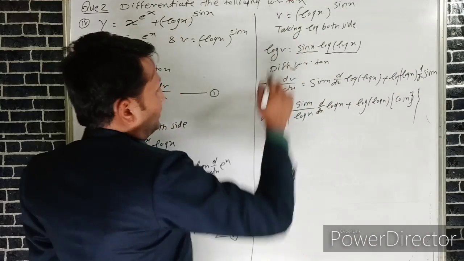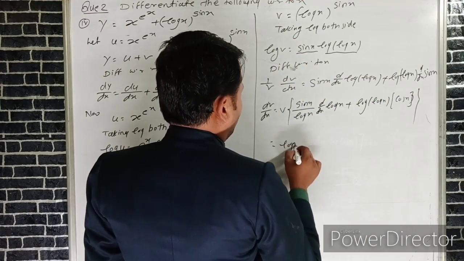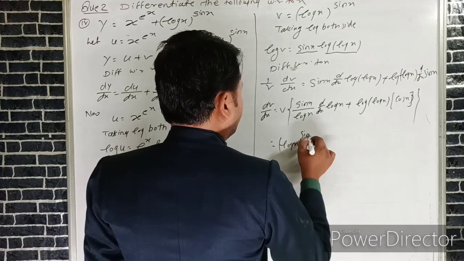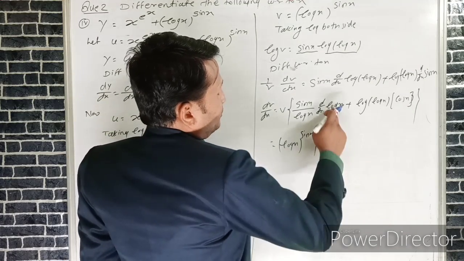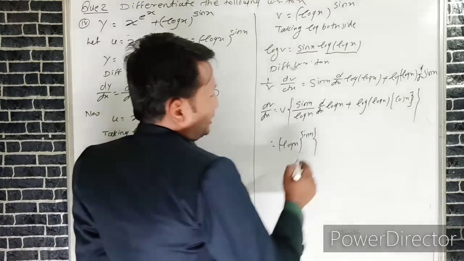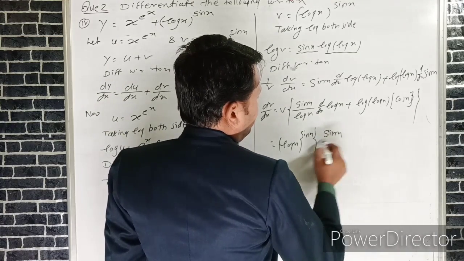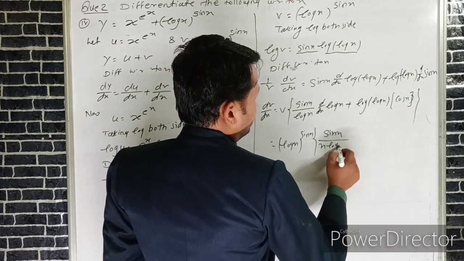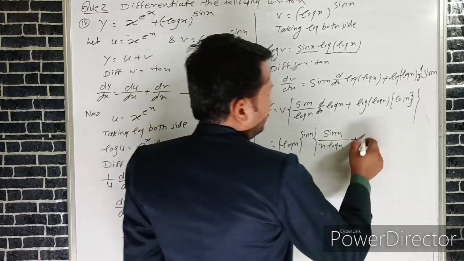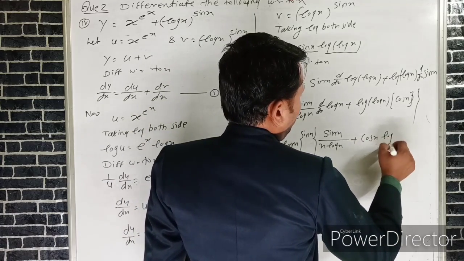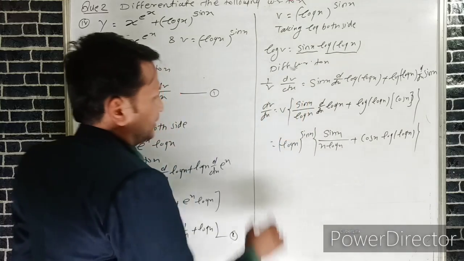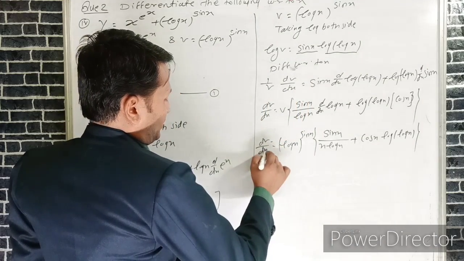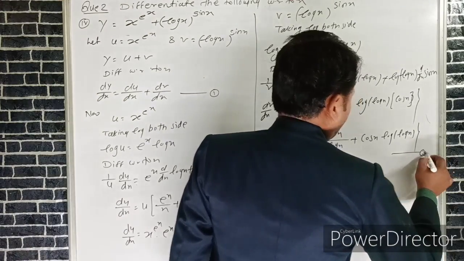Here the value of v is (log x) raised to the power sin x, and the derivative of log x is 1 by x, so we can write it as sin x upon x log x plus cos x into log x, which is the value of dv upon dx, equation number 3.